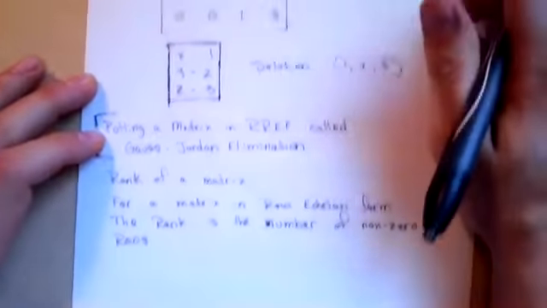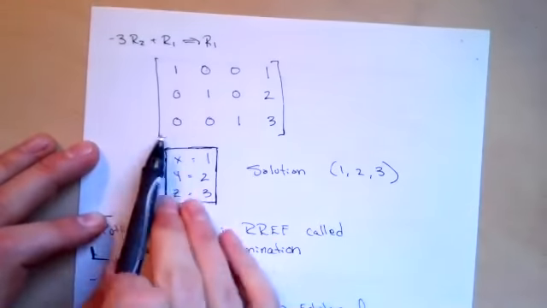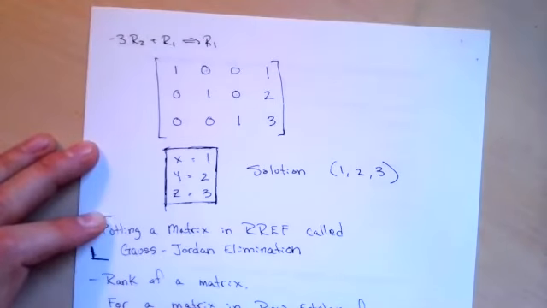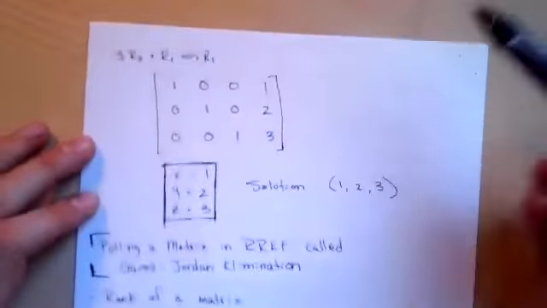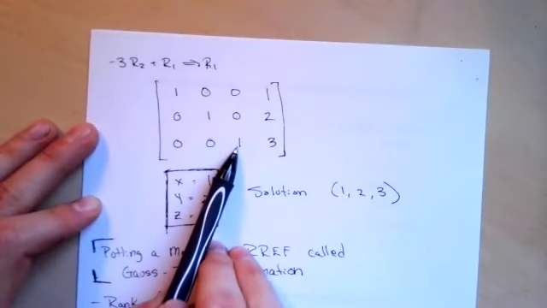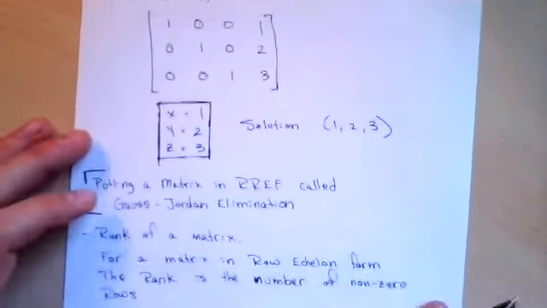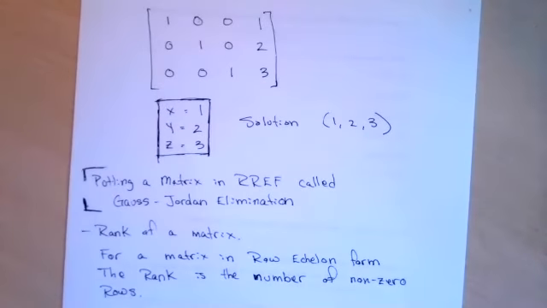When we are putting things in row echelon form, sometimes it can happen that one of the rows essentially becomes all 0. The number of leading entries that are 1, you can essentially count, will give you the rank of the matrix.